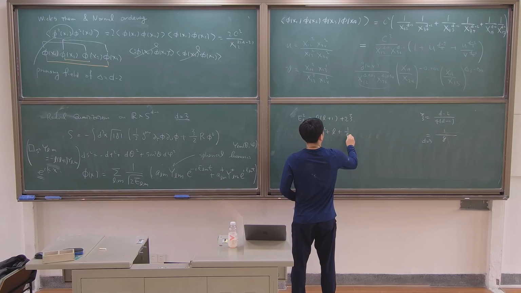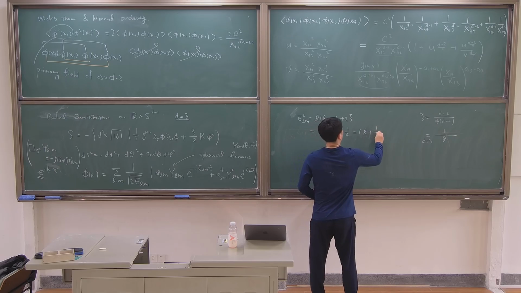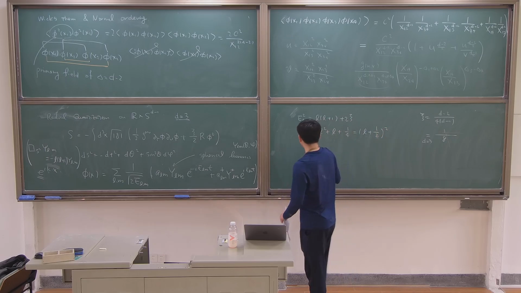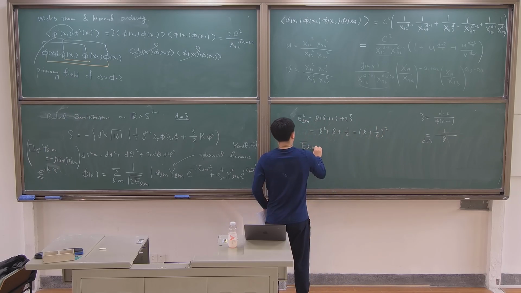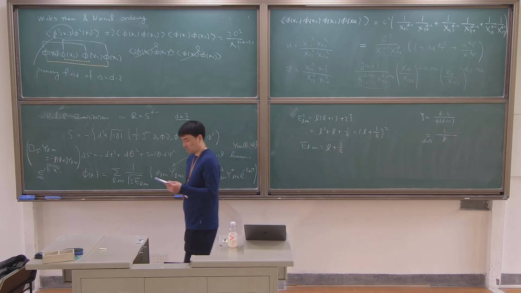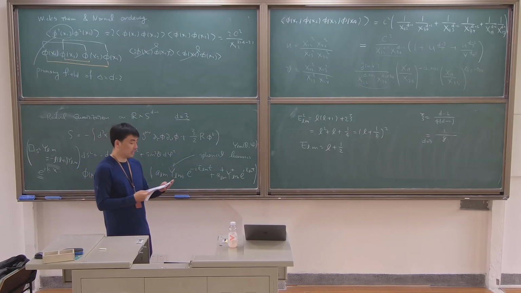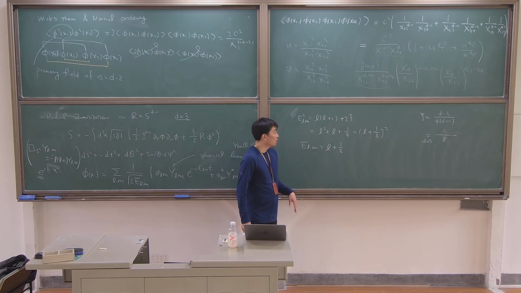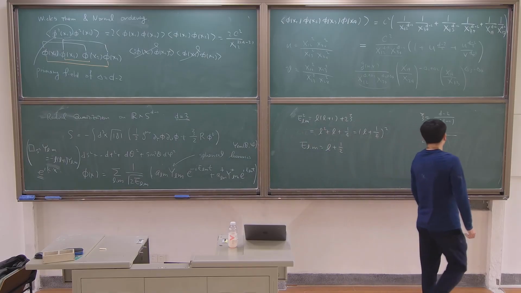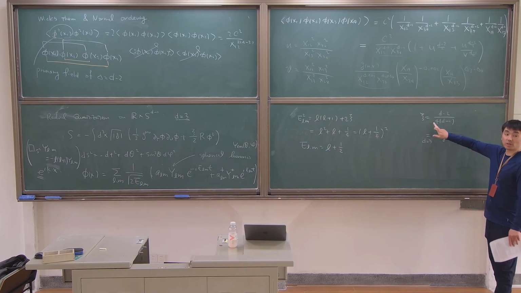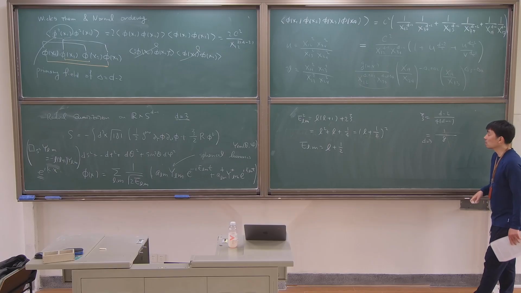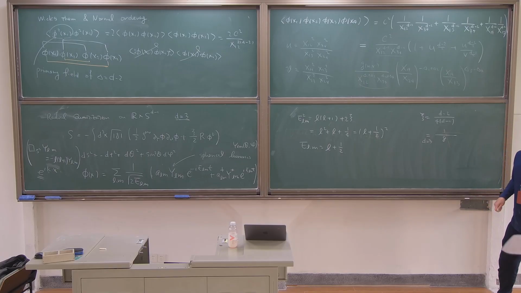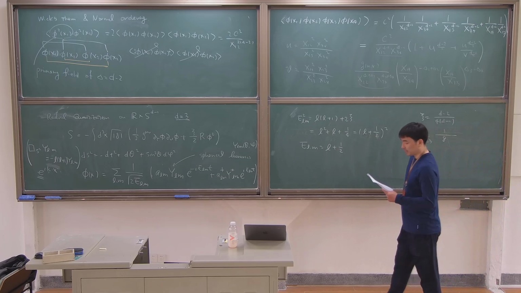So 1 over 4, therefore E_lm is just l plus 1 half. So E can be written as linear in l when you have this particular value of C. The feature is very nice.